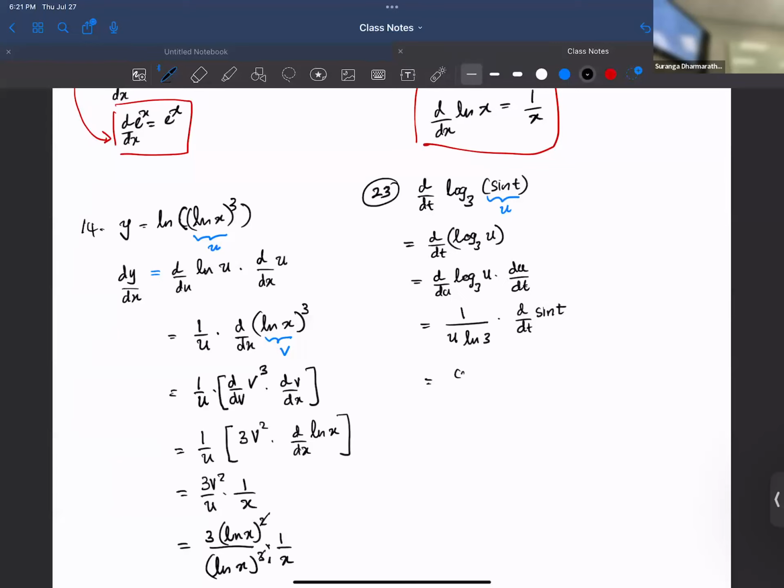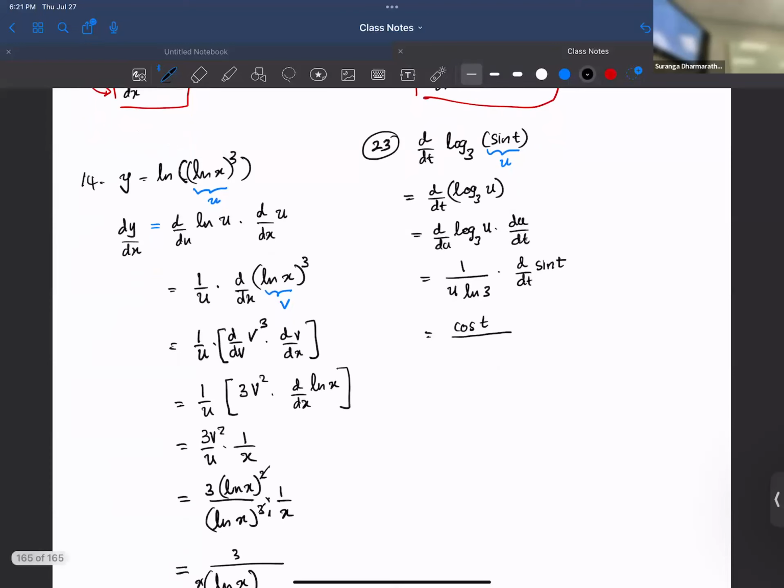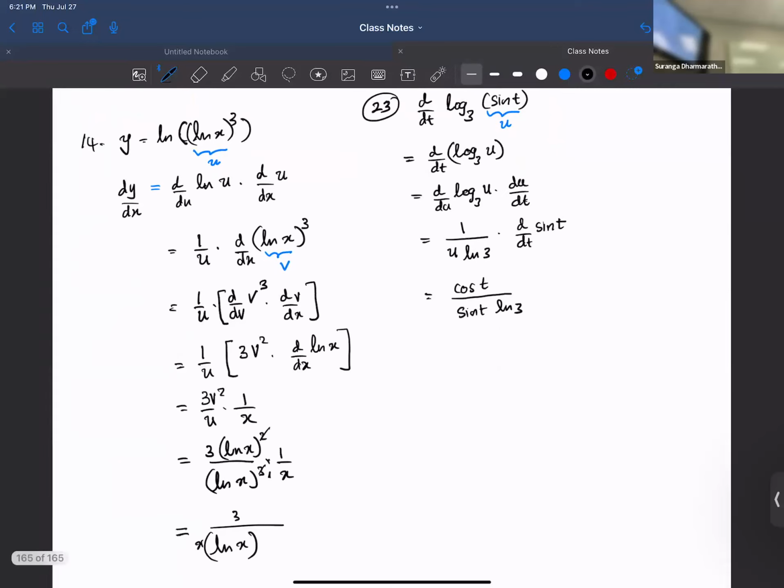Cosine t, very good. u is sin t, so we get cosine t over sin t times natural log of 3. What is that? Cotangent t. Very good. Natural log of 3 is just a number, so that's the answer.